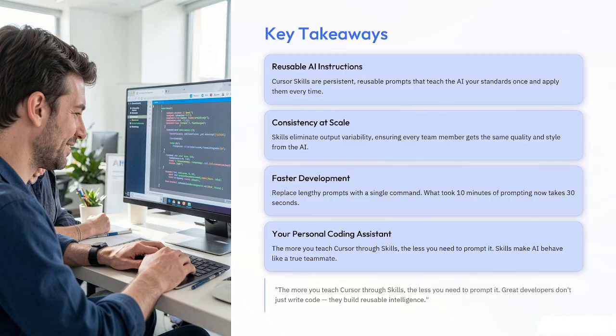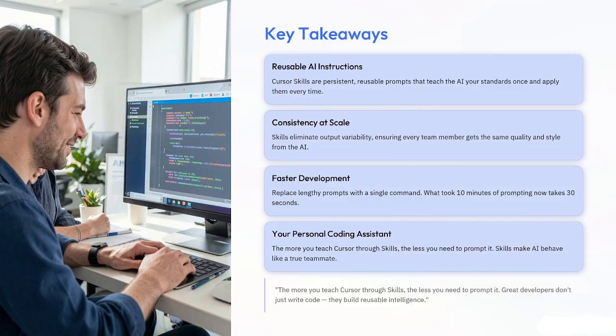Now let's talk about the key takeaways. As you have watched the whole video, I don't want you to only watch the video. I want you to do some practical tasks also. So what are the key takeaways? Cursor skills are reusable AI instructions.